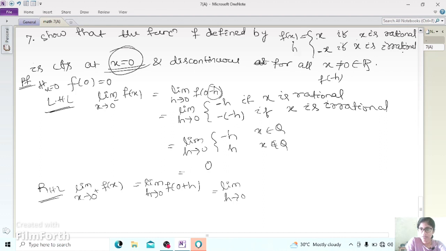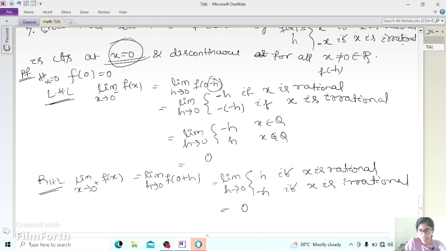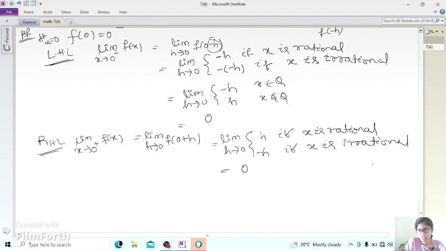Here we put h if x is rational, and minus h if x is irrational, and putting h equal to 0 gives 0 in both cases.